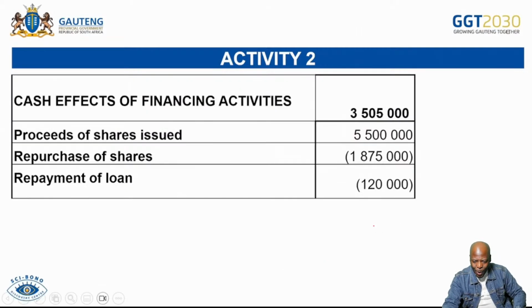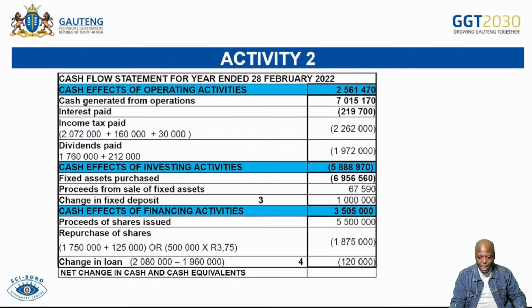Okay, so let's come now where we have the entire thing. So I'll then close this part. Remember, that's a positive 5.5, a negative 1,875,000, a negative 120,000, which gives us the total amount.